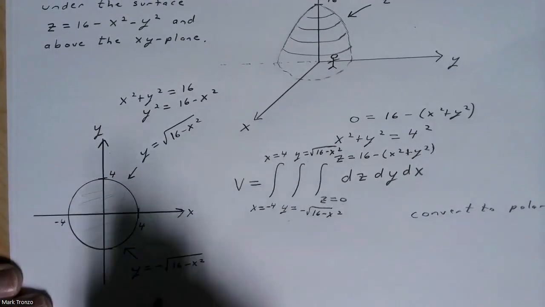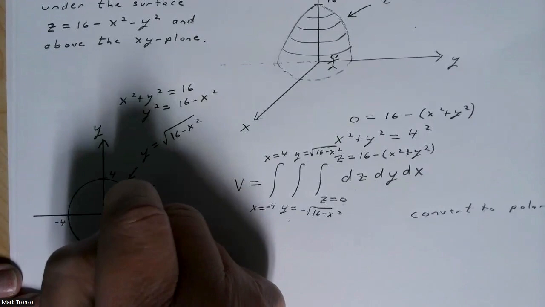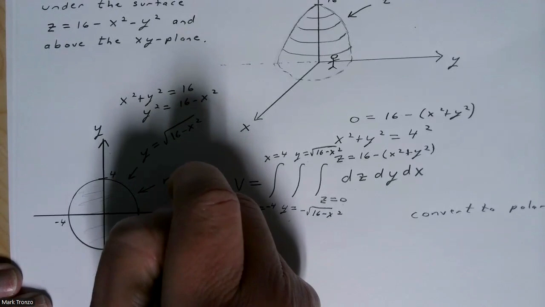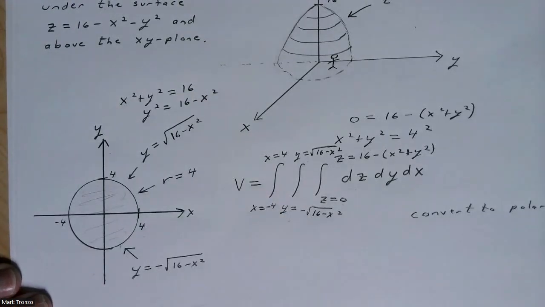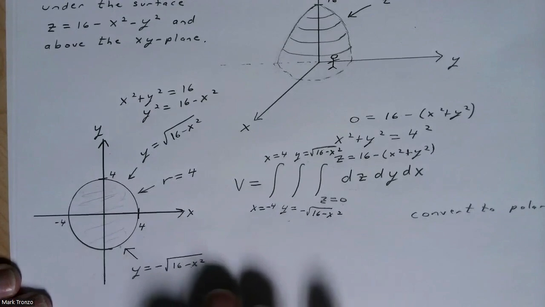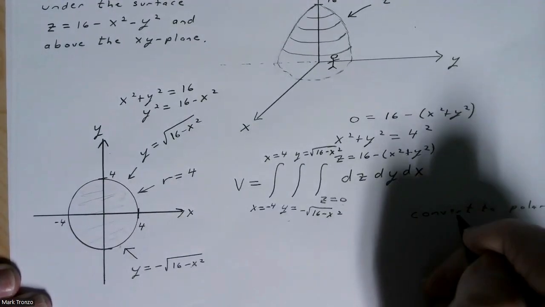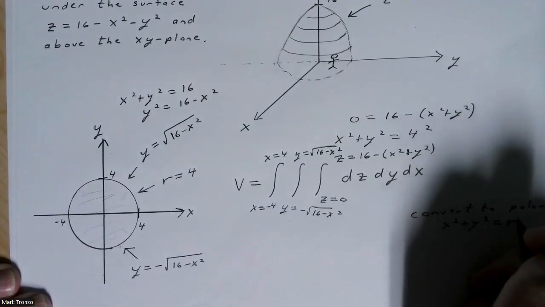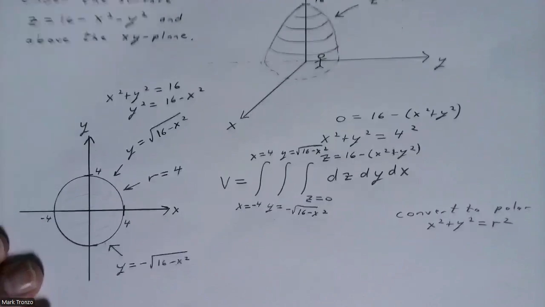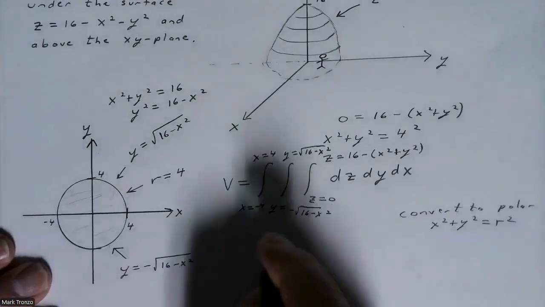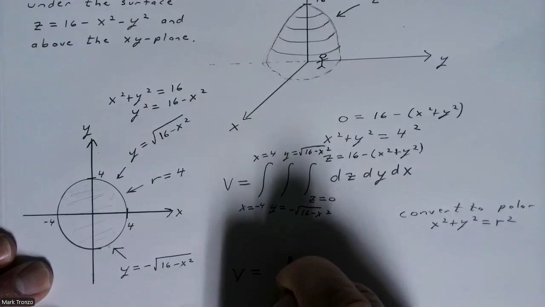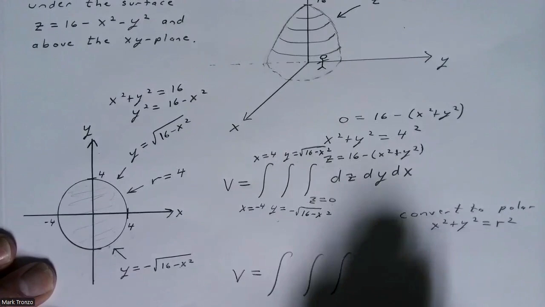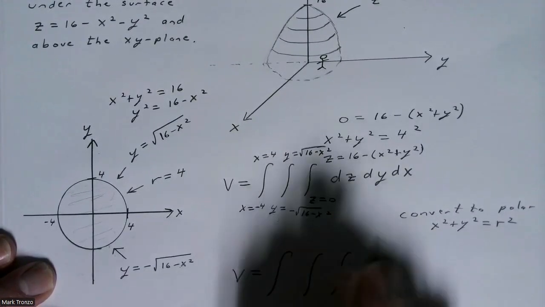And so what we'll do, remember in polar coordinates, a circle of radius 4 is just represented by r equals 4. And you remember your conversions for polar, x squared plus y squared is r squared. So we can simplify this whole integral by changing to polar.